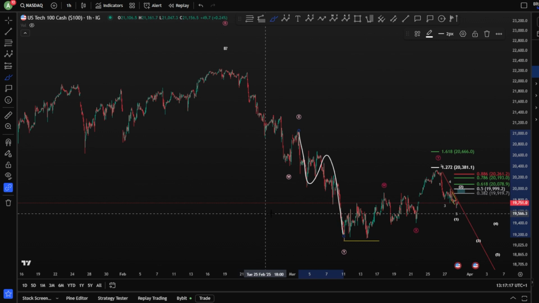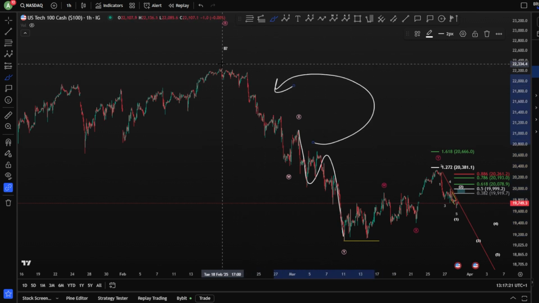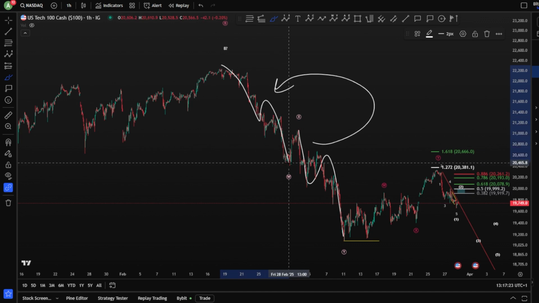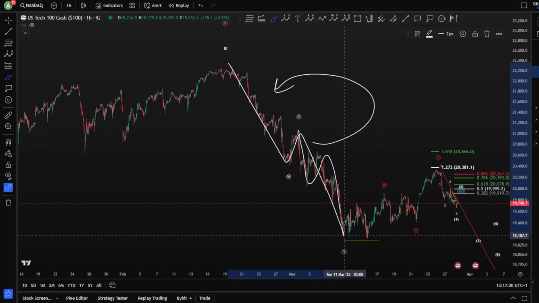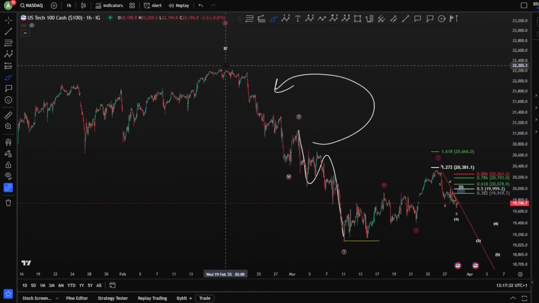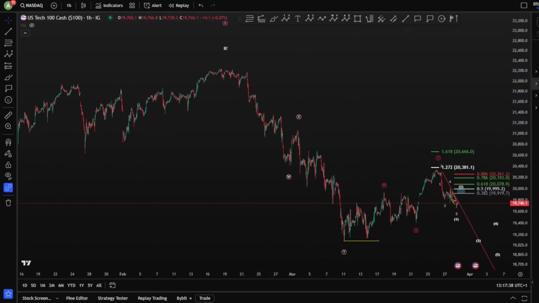You have just 3 waves. When you have 3 waves, it is mandatory to take this as 3 waves as well, rather than being an impulse, because you cannot start impulse, correction, and then 3 waves. Yes, that is impossible, meaning this is also 3 waves, W, X, and a Y, and that's why, of course, I'm choosing W, X, and a Y.